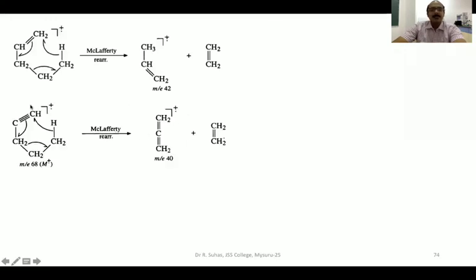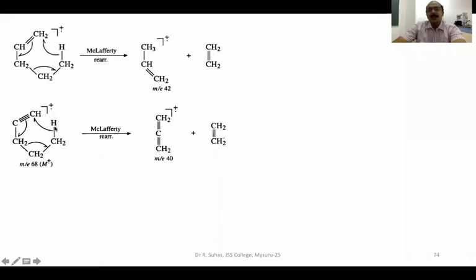The next example that we can take is alkyne. So this is the functional group, and you should have 3 carbon atoms attached to the functional group, 1, 2, 3. So this is alpha, beta, gamma. McLafferty rearrangement says migration of gamma hydrogen followed by the cleavage of the beta bond. This alkyne has m/z of 68, and this is the molecular ion, that's why we have written radical cation.